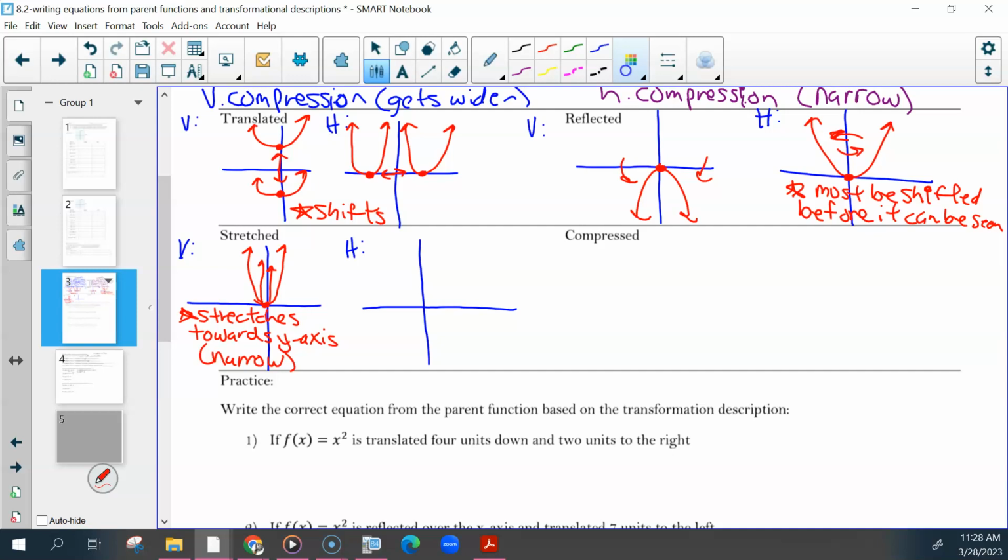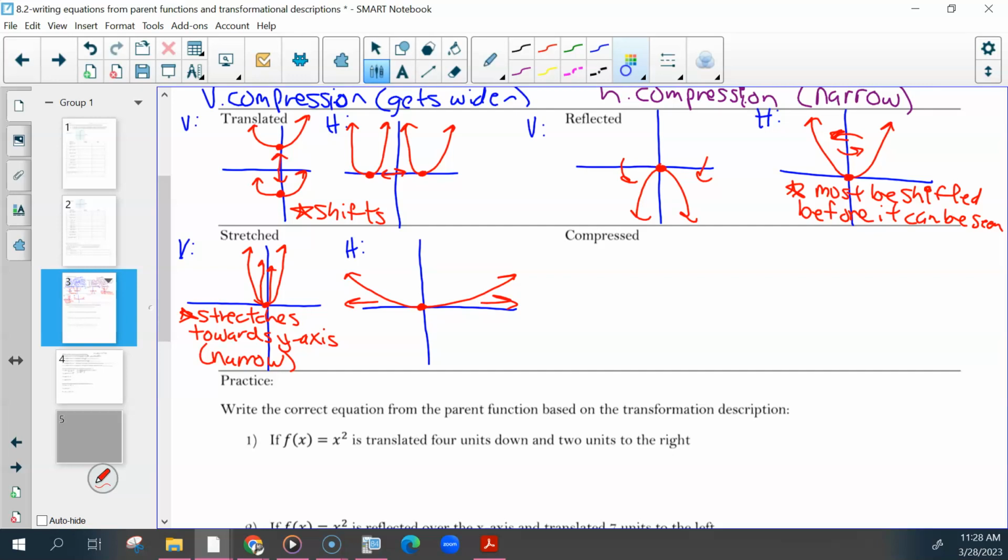The horizontal will do the same thing, but towards the x-axis. It's going to stretch towards your x-axis. So as it's doing that, it's going to keep getting wider. So it will look something like that.